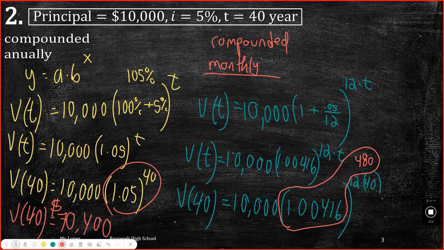What's the value of this investment? 73,584. So you are making another 3,000, at least 3,000. Huh? What? 583, but you then round it up. 73,583. So that 9 makes the 3 go up to 84.